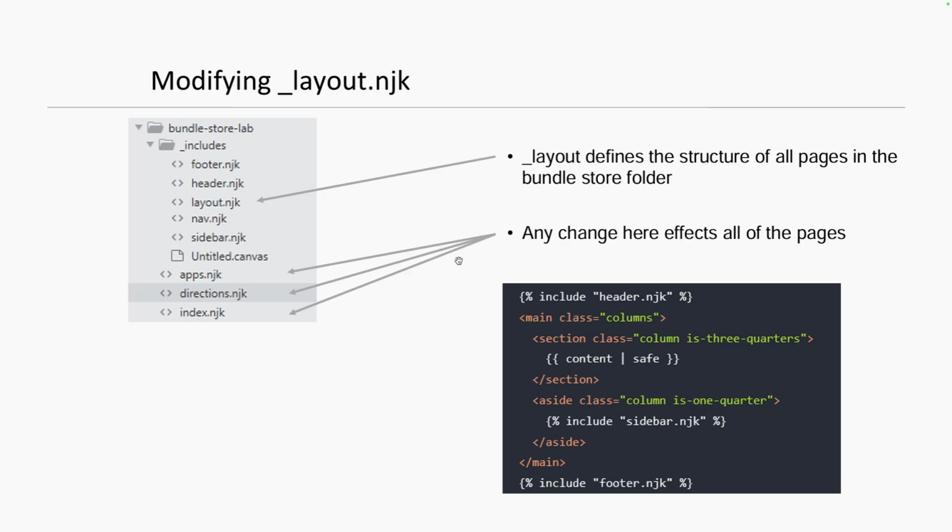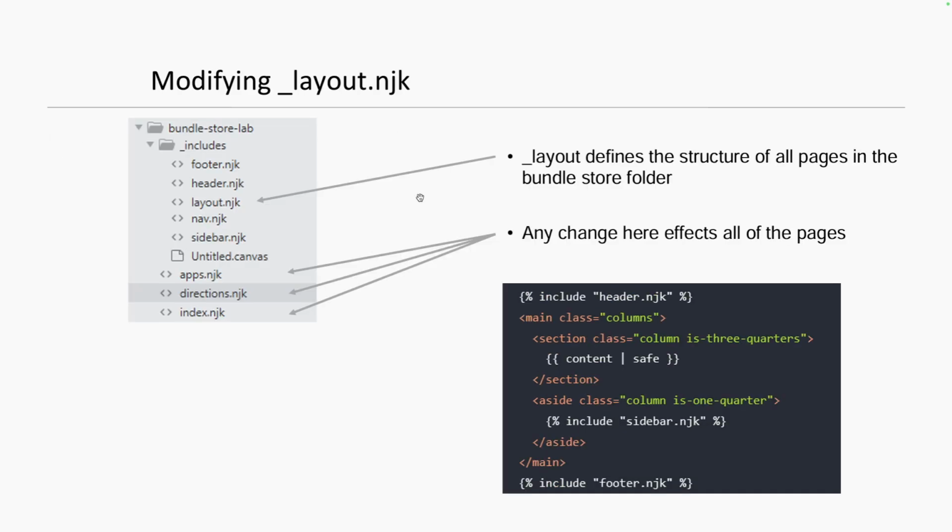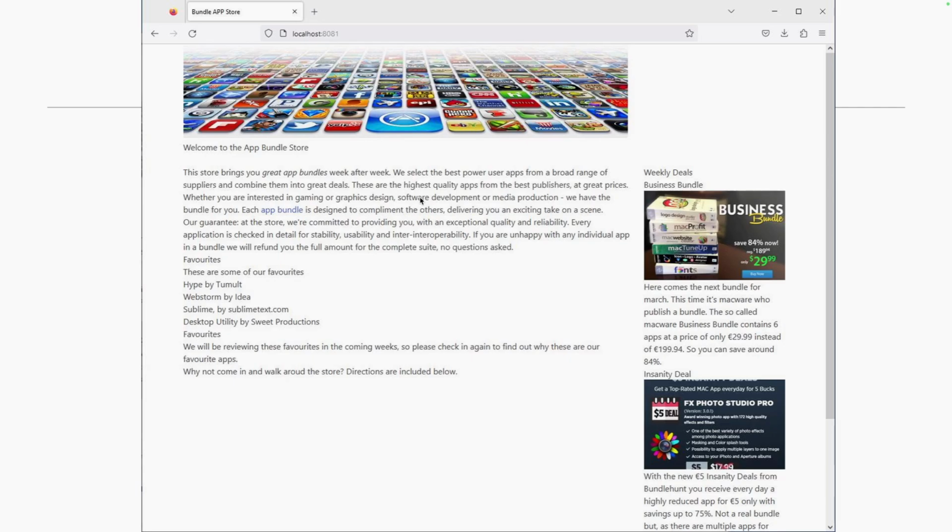Well, not yet. I guess we're going to edit the header as well. But we were modifying the layout page, and you can see what it looks like here. So you can see this is where the container makes a difference. And then over on the right hand side, it's centered.